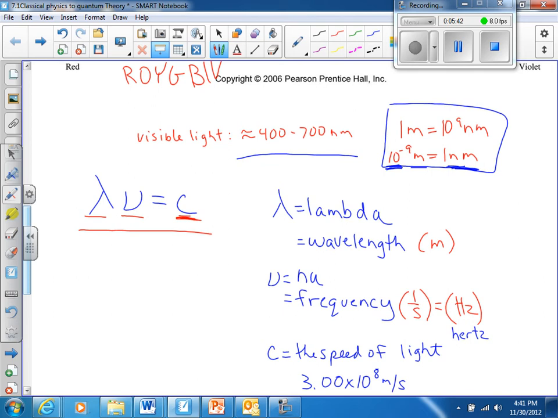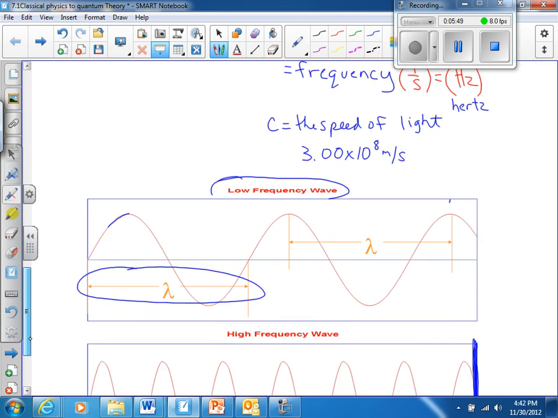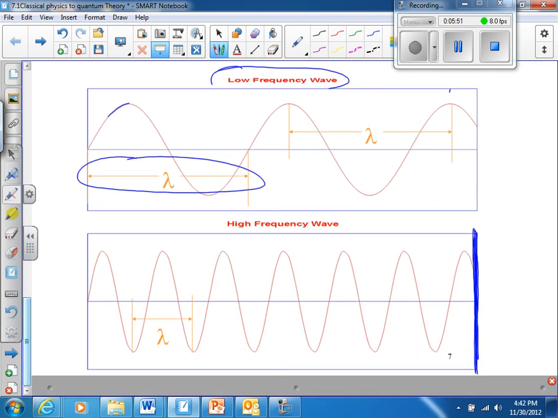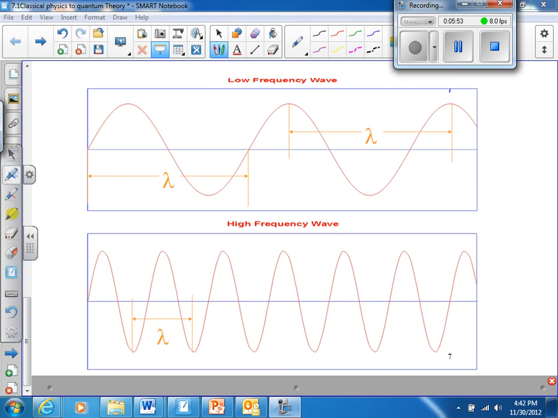If the speed of light is constant, as wavelength goes up, frequency goes down. These are inversely proportional. Looking at our graphs, the top graph has a very long wavelength and the bottom graph has a smaller wavelength. Smaller wavelength is higher frequency. Longer wavelength is smaller frequency, because these waves are all traveling at the speed of light for electromagnetic radiation.